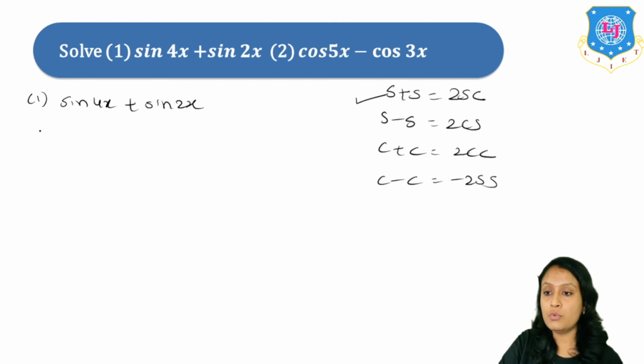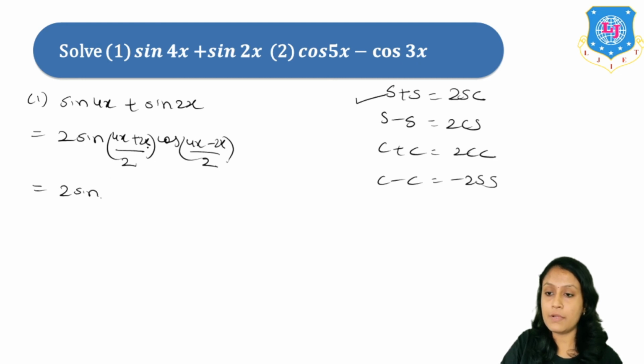The answer is 2sc. So write down 2, sine, bracket, cos, bracket. In the first bracket we add the two angles and divide by 2. In the second, subtract and divide by 2. Simplify, so you will get 2 sine, here 4x plus 2x, so 6x upon 2, so you will get 3x, and here 4x minus 2x means 2x upon 2, so you will get x.